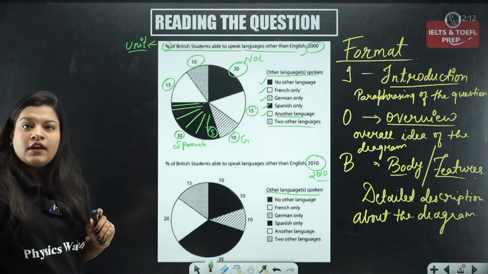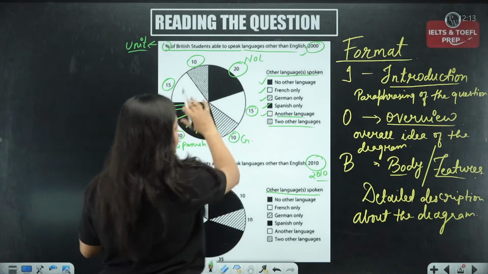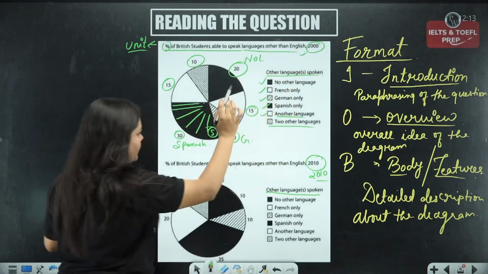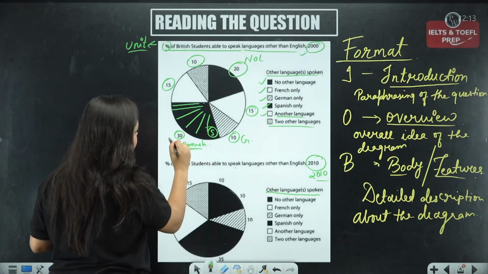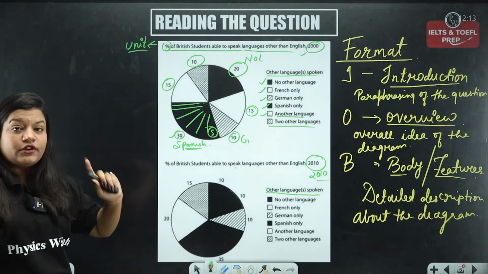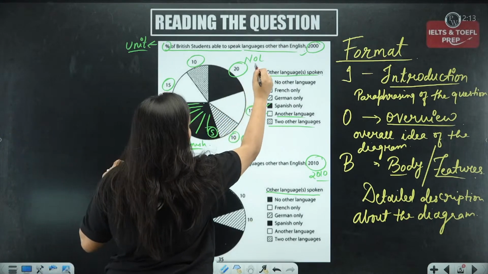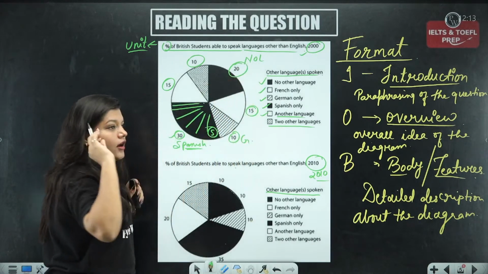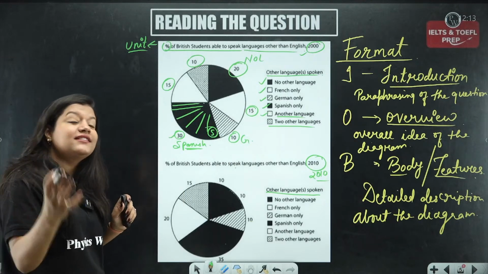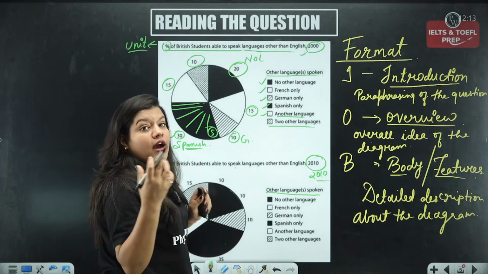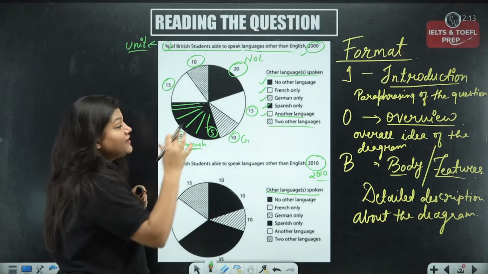Got it? Clear? Now, here what we can see in 2000 is that majorly 30% of the students were able to speak Spanish, and 20% of them are not able to speak any other language except English, which is 1/5 of the entire pie chart.